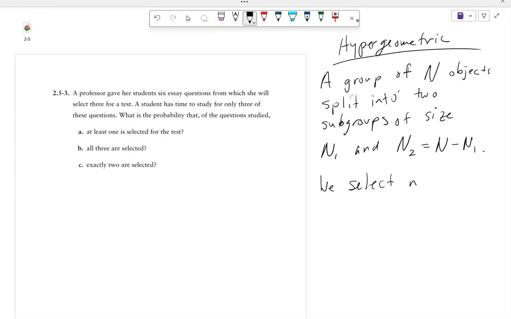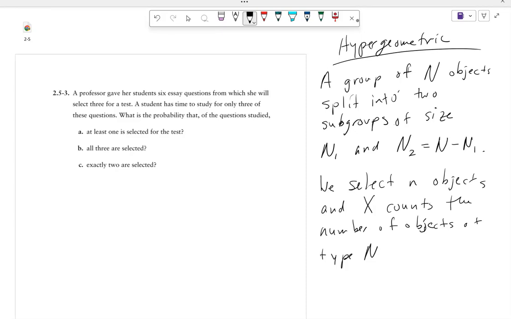We select little n objects from the group, and our capital X, the random variable X, counts the number of objects of type N1 in the selection.